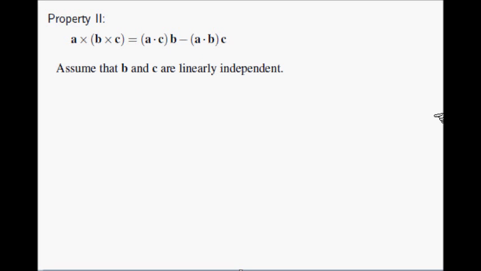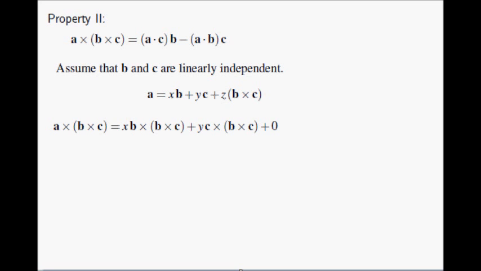So let's assume it is not that case, namely assume these two are linearly independent vectors. If B and C are linearly independent, then B, C and the cross product B cross C form a basis of the space, and we may write an arbitrary vector A as a linear combination like this.